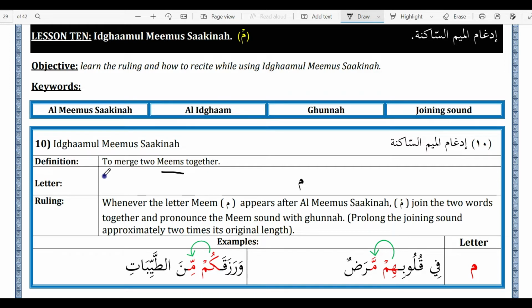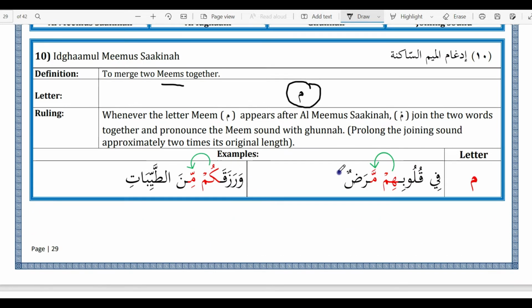The letter of Al-Mim Sakina is Mim. And the ruling is, whenever the letter Mim appears after Al-Mim Sakina, join the two words together and pronounce the Mim sound with Gunna.